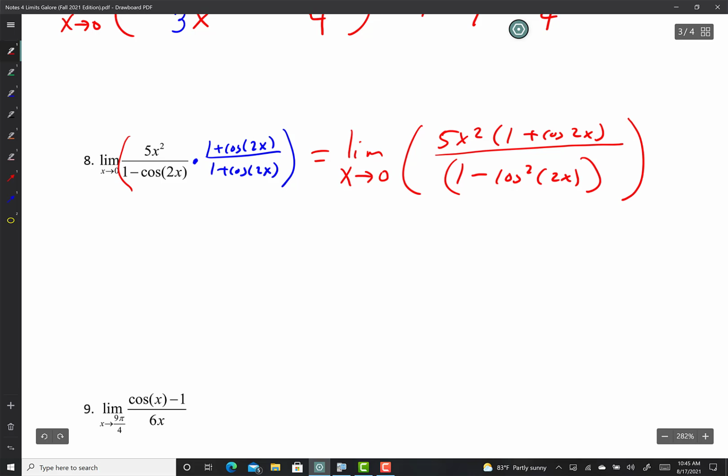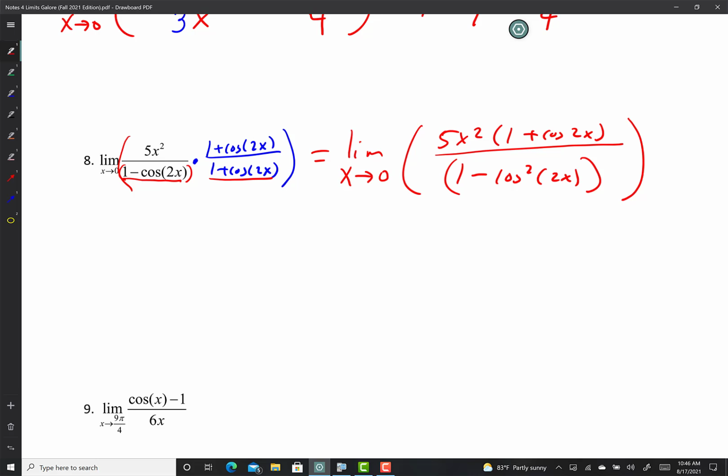Are we okay? Yes. When we're multiplying 1 plus cosine 2x in the first part, we can be positive, like add. Yeah, because I'm trying to do the conjugate of this because if I do that, that's the difference of squares. So I'll have 1 minus cosine squared.